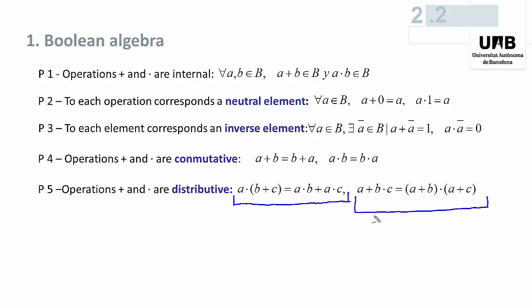A plus B times C is the same as (A plus B) times (A plus C).